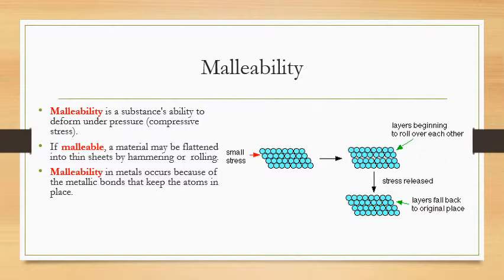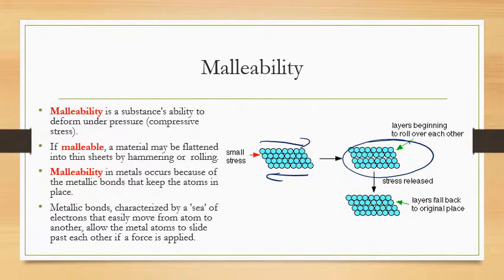So if we apply a force to a piece of metal, the layers of positive ions basically slide over each other. They're beginning to roll over each other in this second step. Once the force is removed, due to the positive and negative electric attraction between the delocalized outer electrons of the metals and the metal ions, the layers fall back into their original positions, because the positive ions are still attracted to the delocalized electrons.